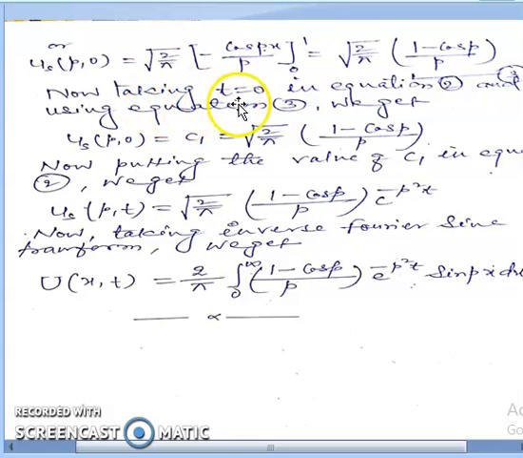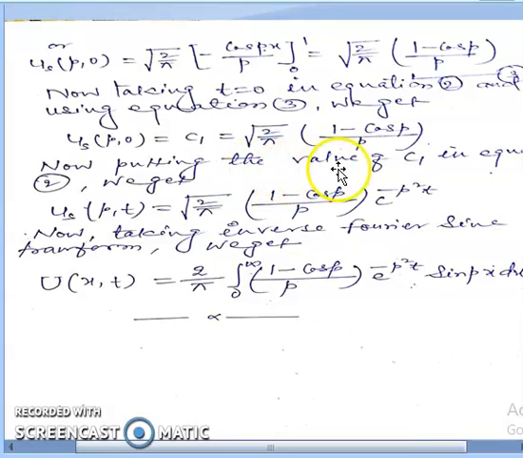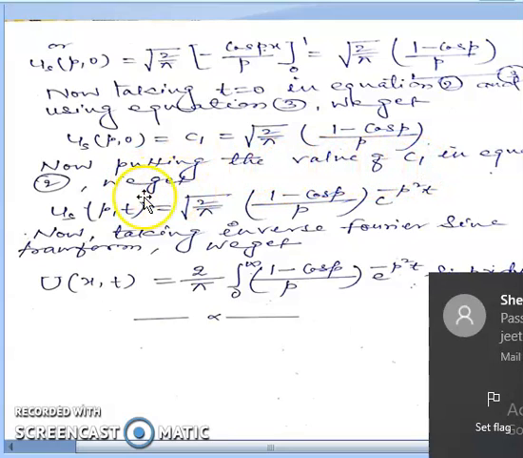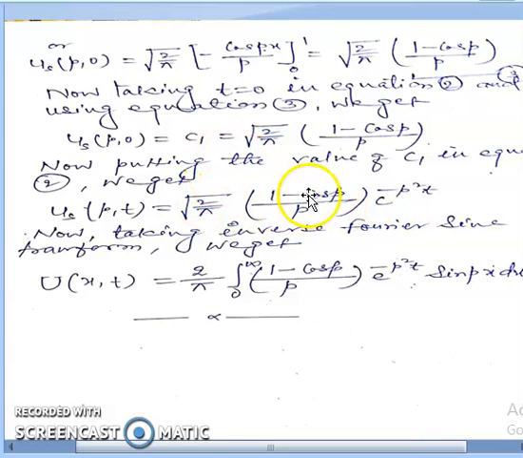Now taking t = 0 in equation 2 and using equation 3, we get u_s(p,0) = c₁, and c₁ = √(2/π) (1 − cos p)/p. Now putting the value of c₁ in equation 2, we get u_s(p,t) = √(2/π) (1 − cos p)/p e^(−p²t).